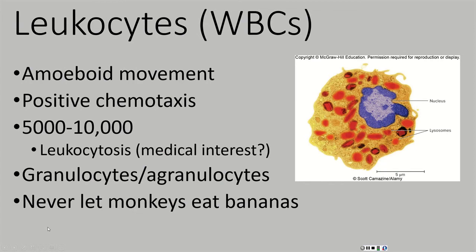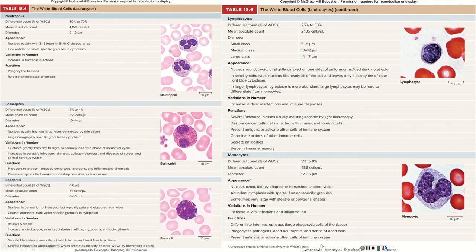Never Let Monkeys Eat Bananas: neutrophil, N; lymphocyte, L; monocyte, M; eosinophil, E; basophil, B. There are more neutrophils than any other type. Next most is lymphocytes, all the way down to there are fewer basophils than any other. Okay, so Never Let Monkeys Eat Bananas just tells us the order from most abundant to least abundant.